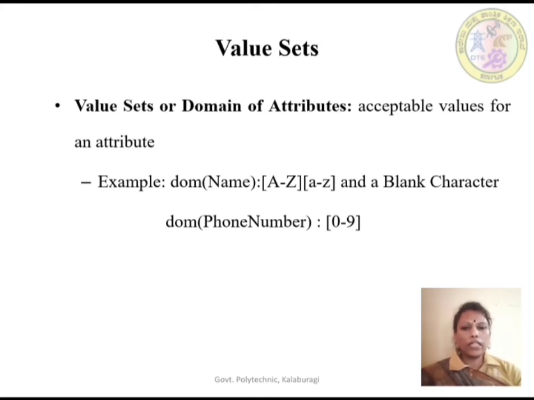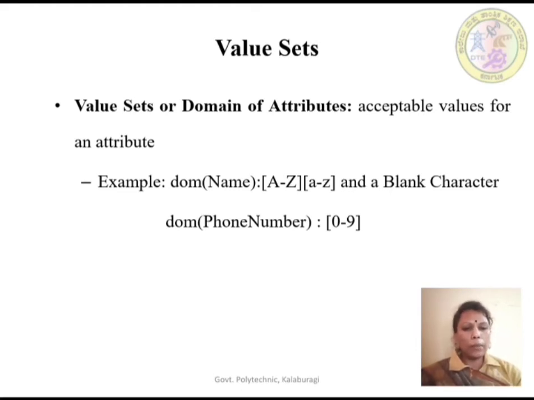For example, the domain of name is capital A to Z, or small letters a to z, and a blank character. This domain tells what characters or special characters I can enter for name. For the name I can enter only letters. I cannot enter numbers for name.